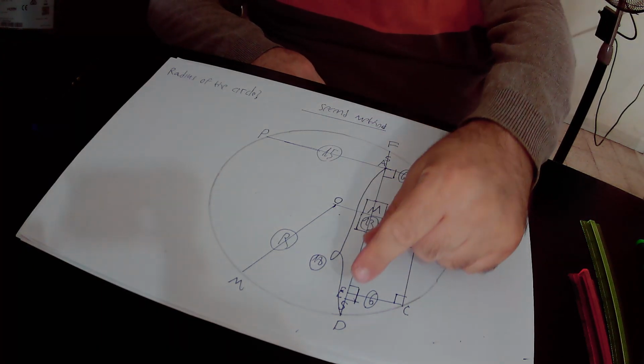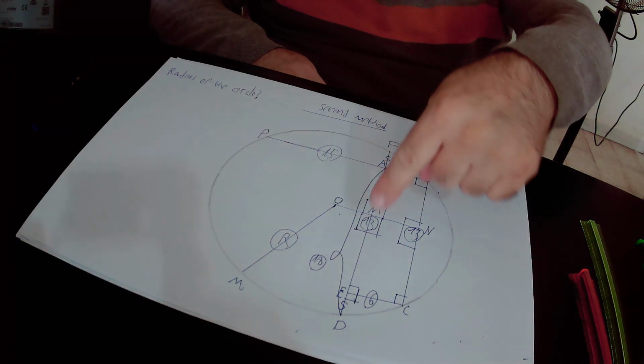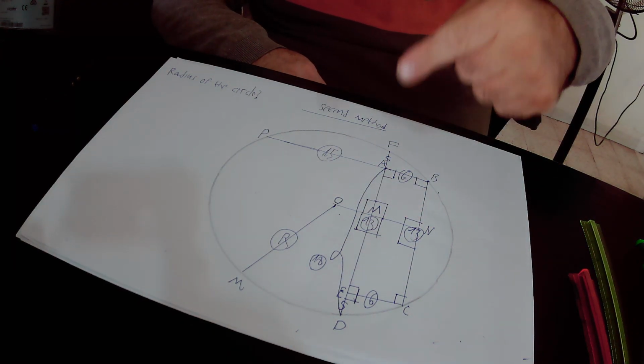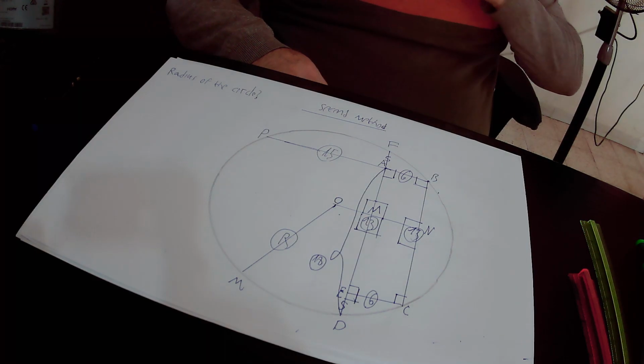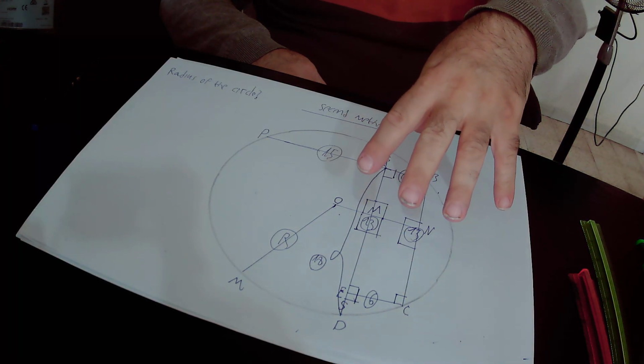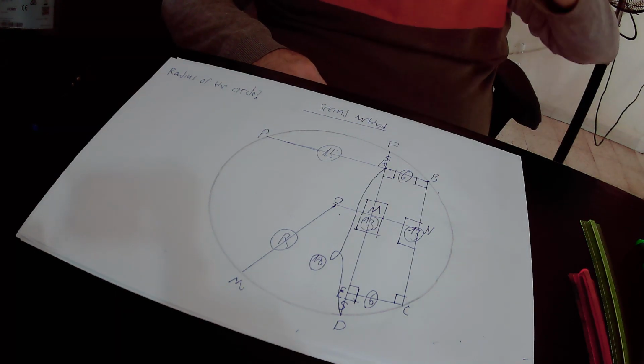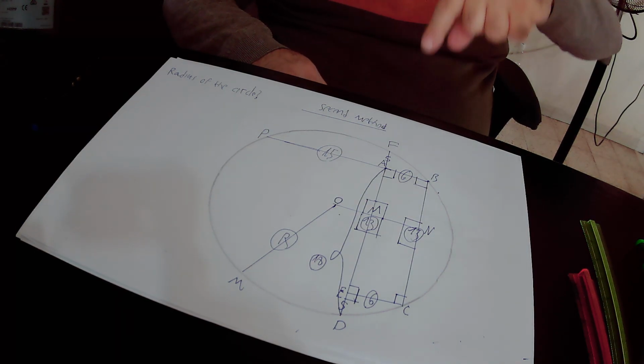What is the length of line segment ED? ED equals AD minus AE, that is 18 minus 13, that is 5. So until this stage, we did all the things that we did in the first method. From now on, we continue with the second method.